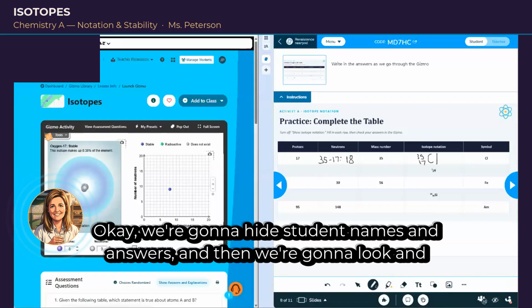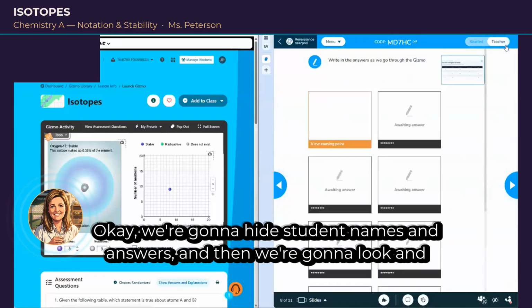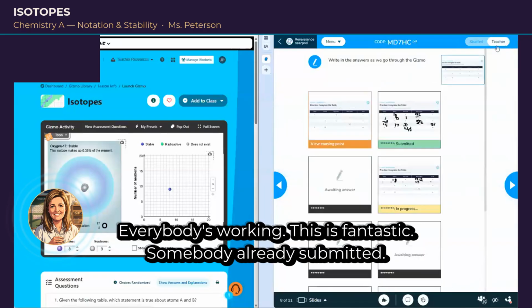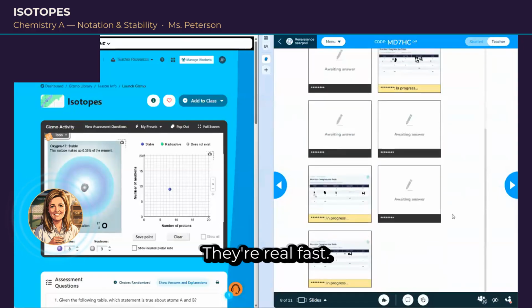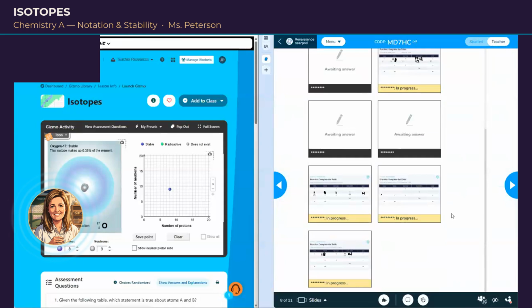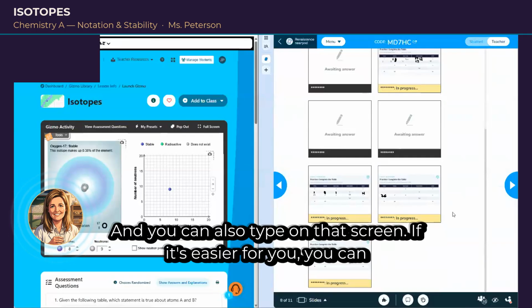Okay, we're going to hide student names and answers, and then we're going to look and see everybody's working. This is fantastic. Somebody already submitted. They're real fast. And you can also type on that screen.